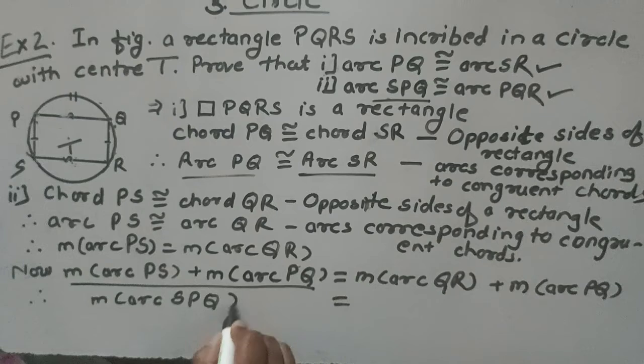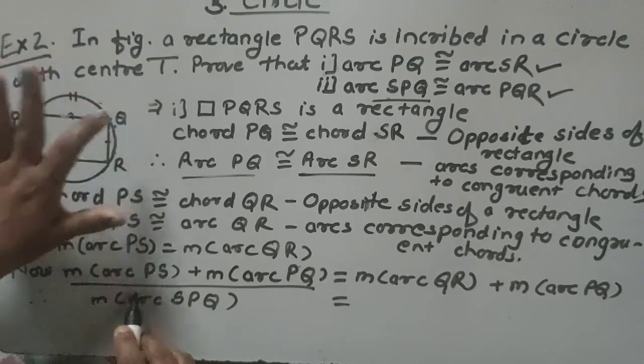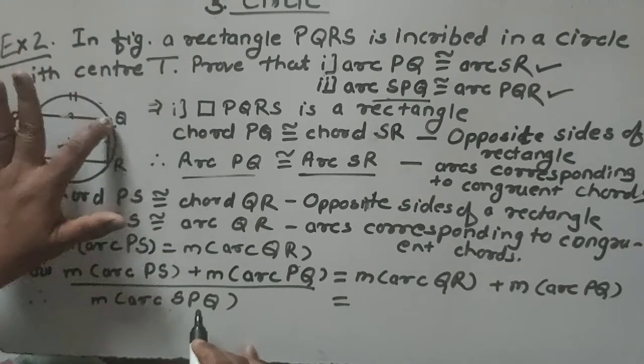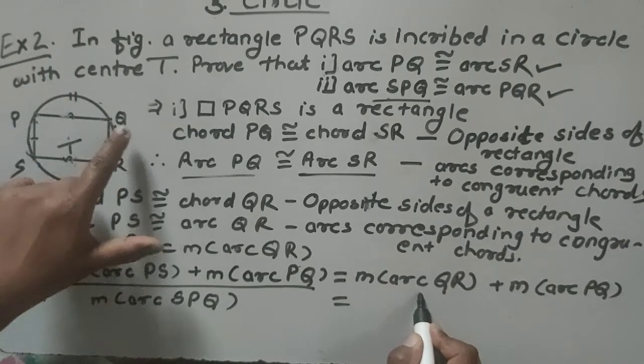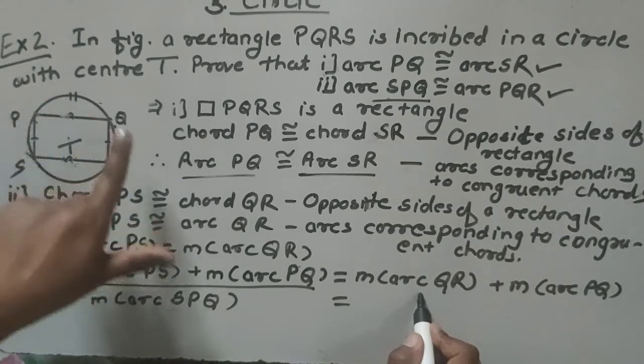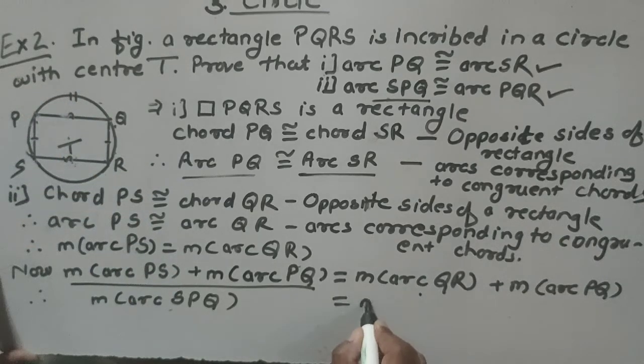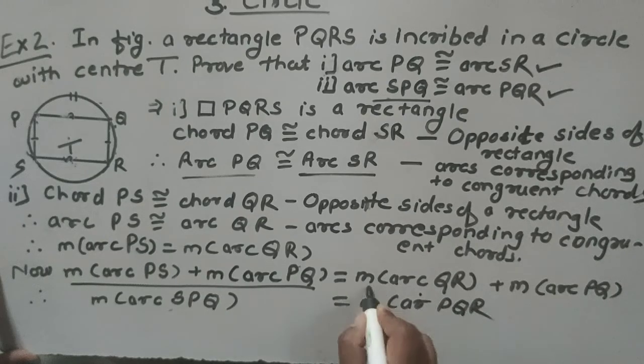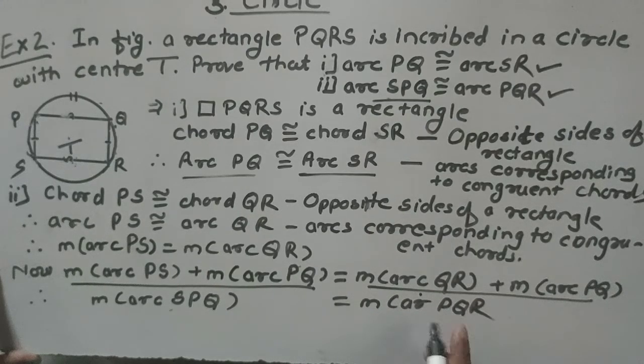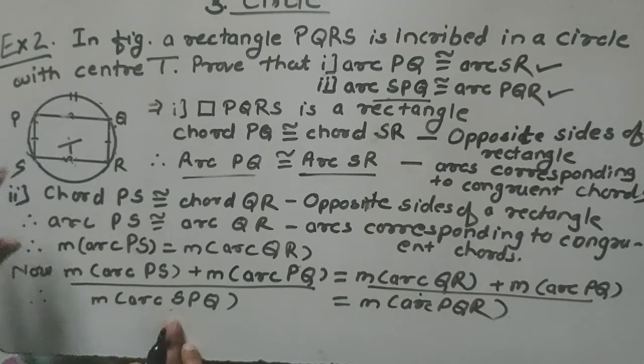What I said, PS plus PQ is equal to measure of arc SPQ, and this side QR plus PQ is equal to measure of arc PQR. It's the same, and if the measure is the same, these two arcs are congruent to each other.